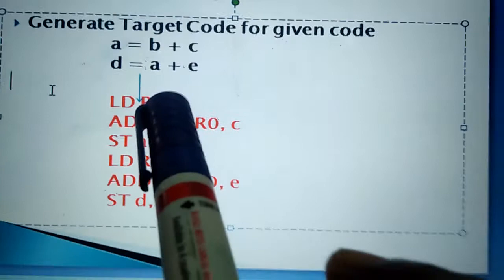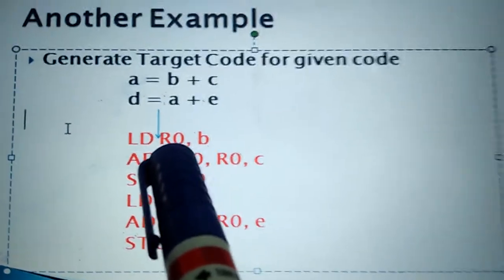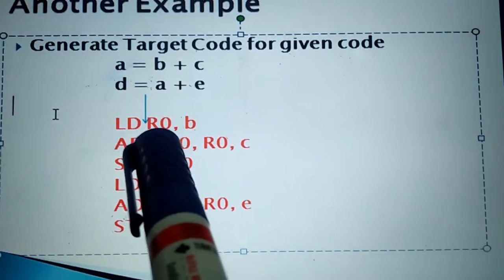The target code is nothing but a machine understandable language, or machine coded language.